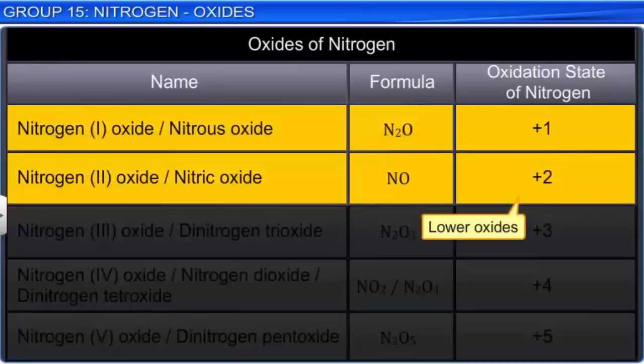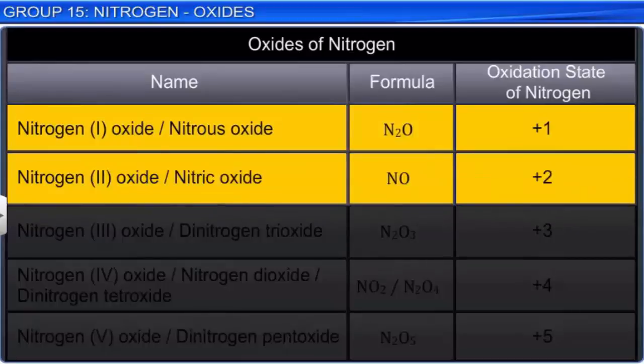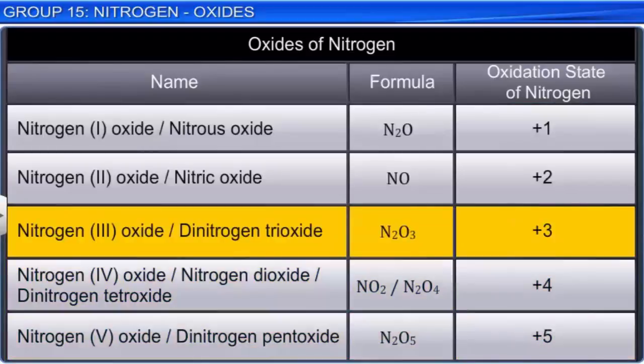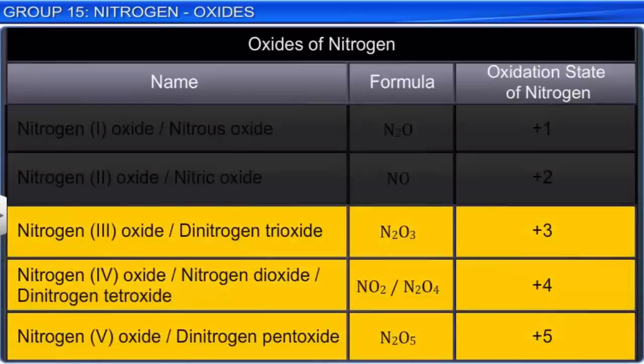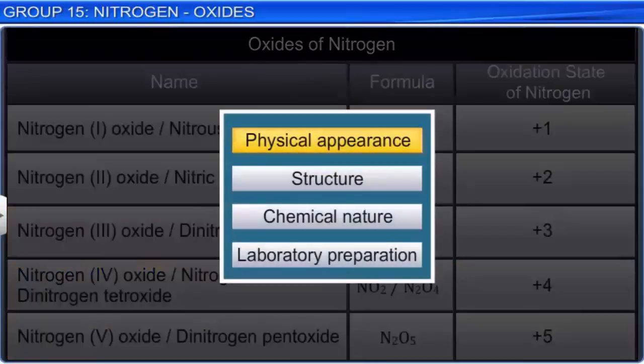You can see that the lower oxides include nitrogen 1 oxide and nitrogen 2 oxide, while the higher oxides include nitrogen 3 oxide, nitrogen 4 oxide, and nitrogen 5 oxide. We will discuss the physical appearance, structure, and chemical nature of each oxide, besides the most convenient method to prepare them in the laboratory.